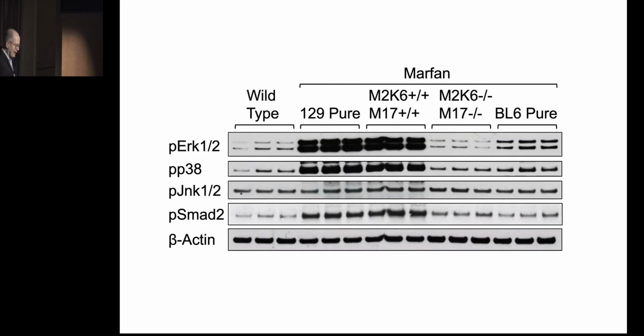We went on to look at signaling and found that knocking out only MAP2K6 and MMP17 can normalize all of the signaling abnormalities within the aortic wall, looking much more like protected black 6 background than the predisposed 129 background.